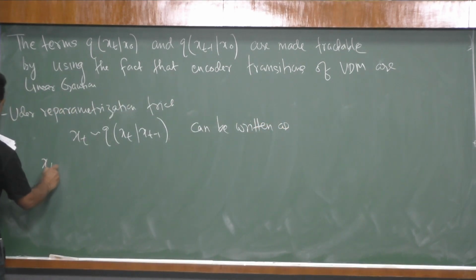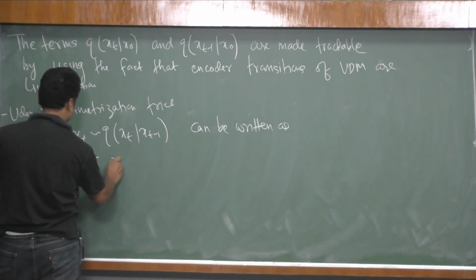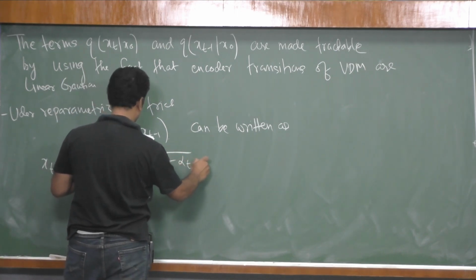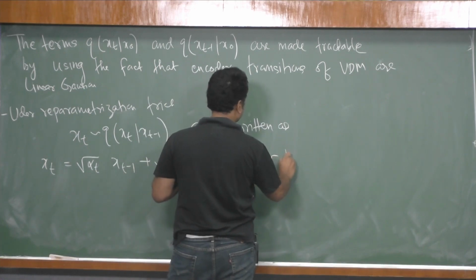xt is equal to square root of alpha t xt minus 1 plus square root of 1 minus alpha t epsilon, where epsilon comes from standard normal.